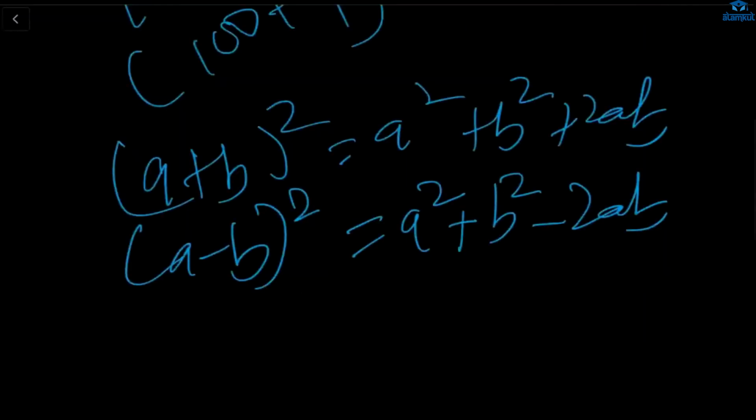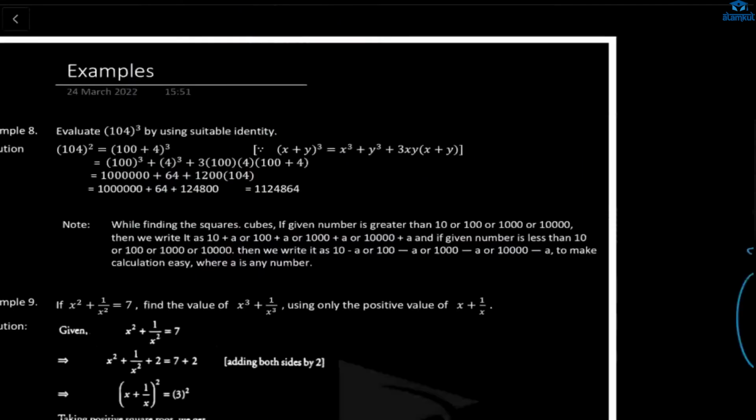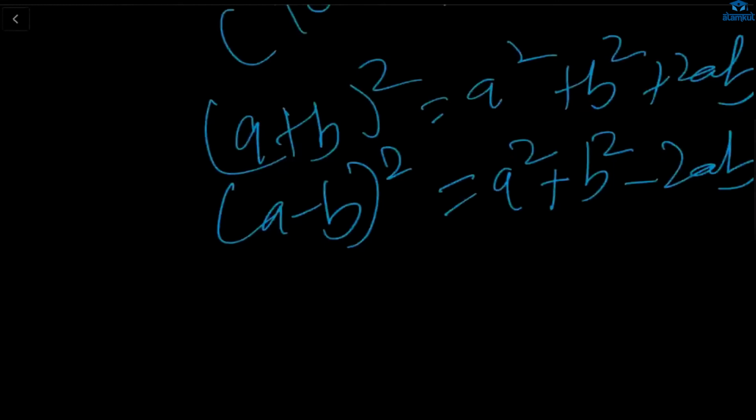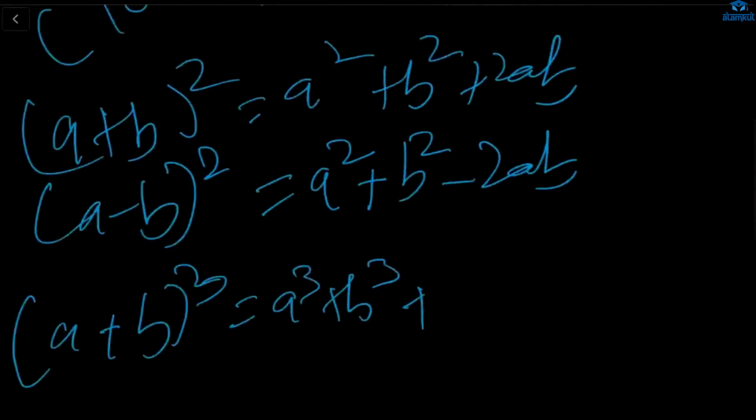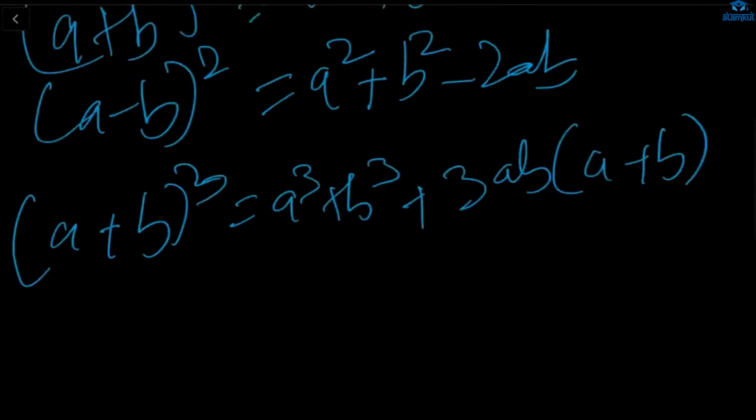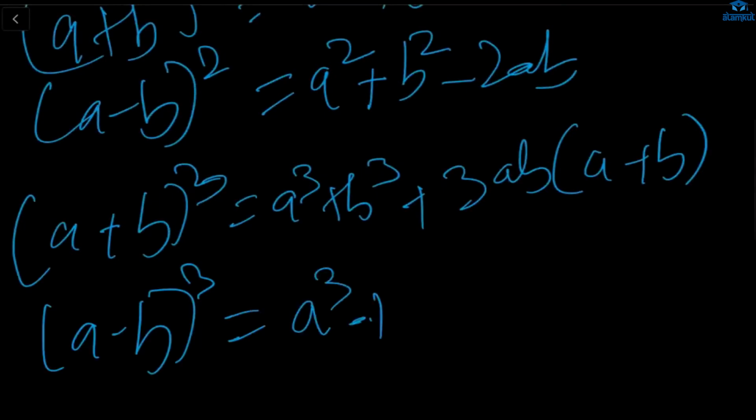In fact, if it is in cube form, as 104 cube was, a plus b whole cube is equal to a cube plus b cube plus 3ab into (a plus b), and a minus b whole cube is a cube minus b cube minus 3ab into (a minus b).